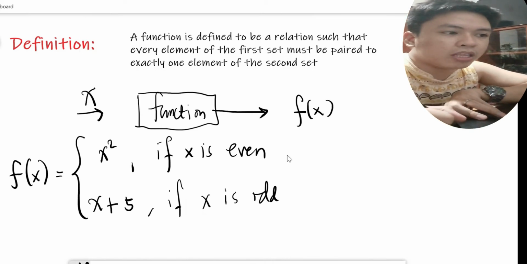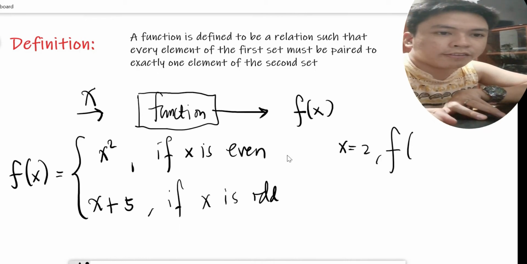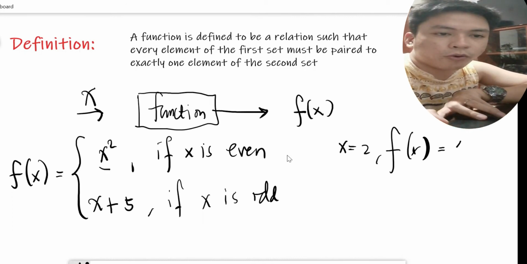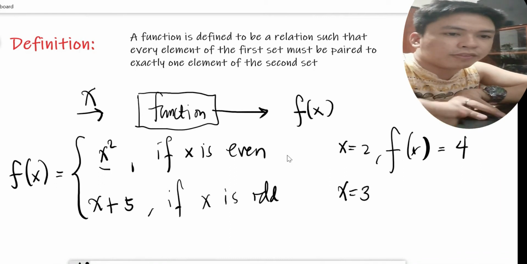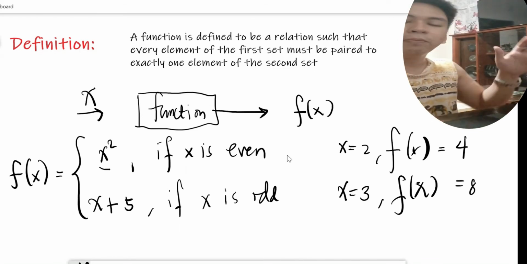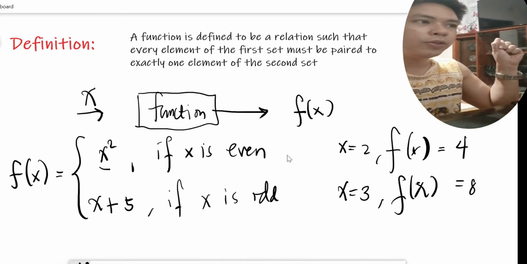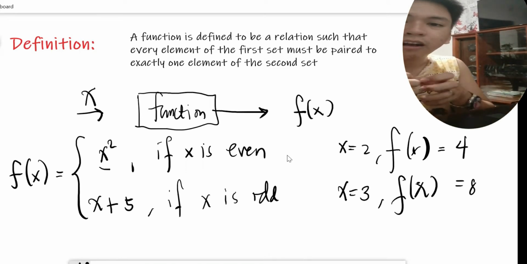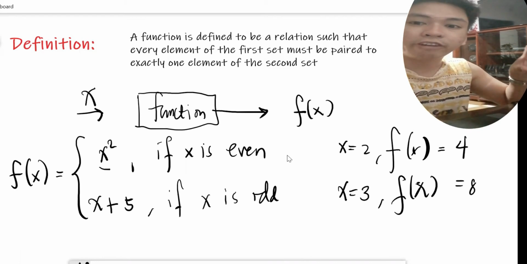So what happens when x is 2? When x is 2, this is even, so I'd use x squared, and that's going to be 4. If x is 3, this is odd, so I'm going to use x plus 5, so I'd have 8. So basically, whatever you put in, there is a resulting product after the process. That would be the function.